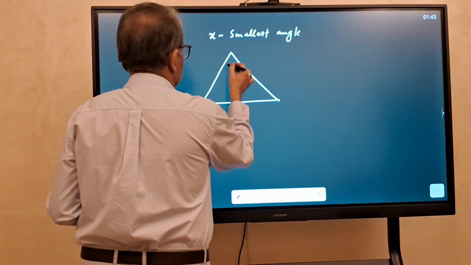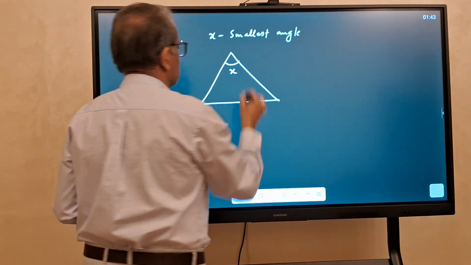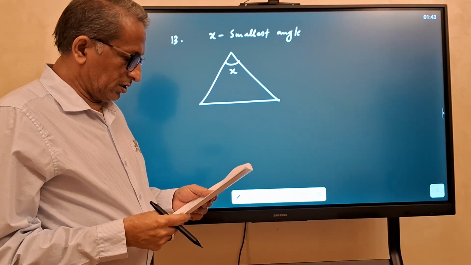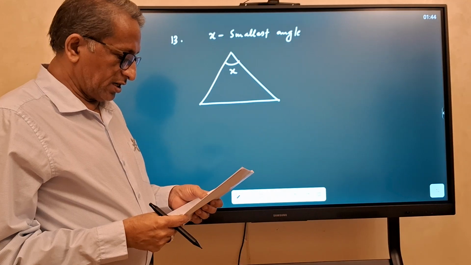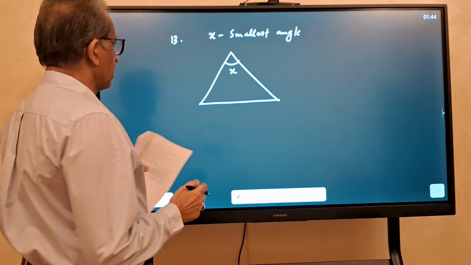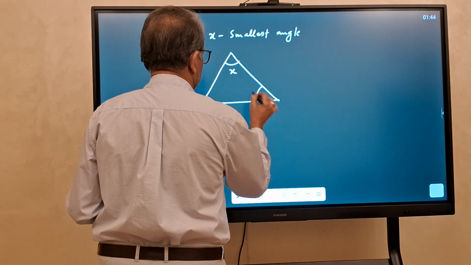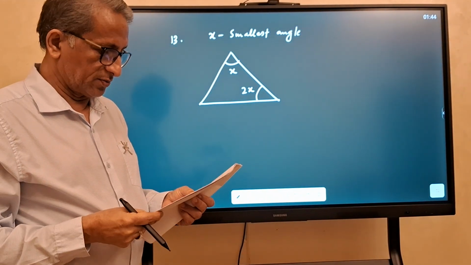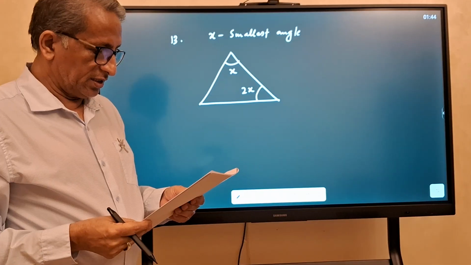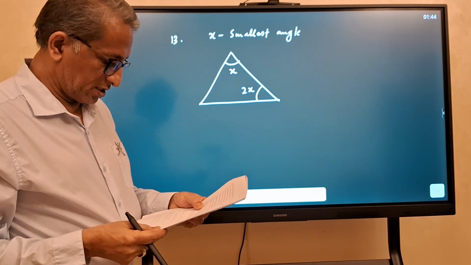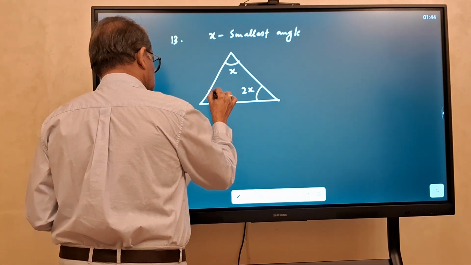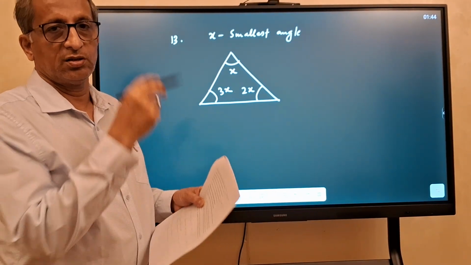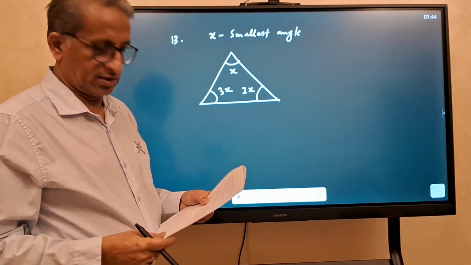So let's say this is the smallest angle, so I start with x as the first angle. So what is given? One angle is twice the smallest angle, that is 2 times, while the third angle is 3 times as large as the smallest angle. That means this will be 3 times. This is how the angles are given.